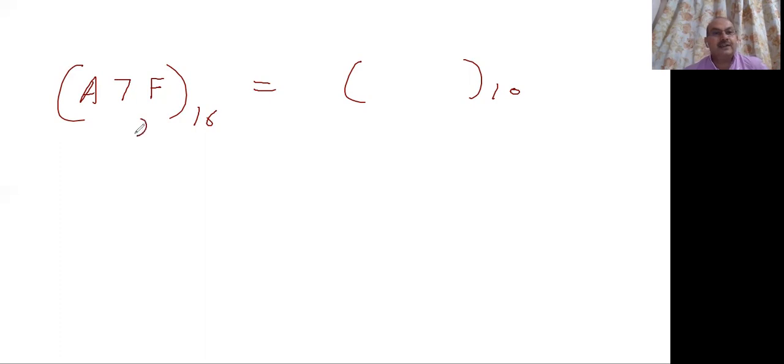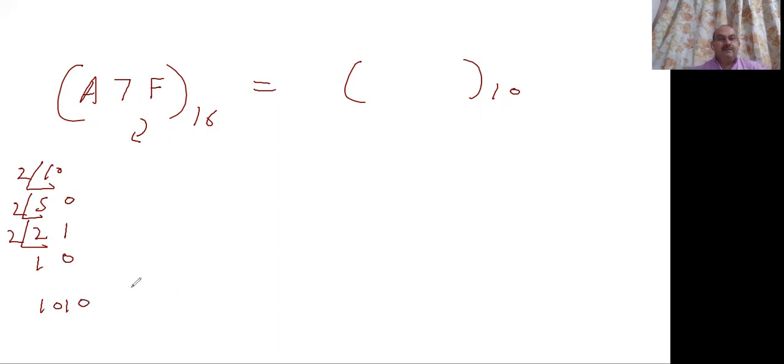You know how to convert it into binary, and binary to decimal using 1, 2, 4, 8, 16, 32. So let's convert it into binary first. A is written as 10. So 2 5s are 10, remainder is 0. 2 2s are 4, remainder is 1. And 2 1s are 2, remainder is 0. So this is how much? 1010. Is that clear?